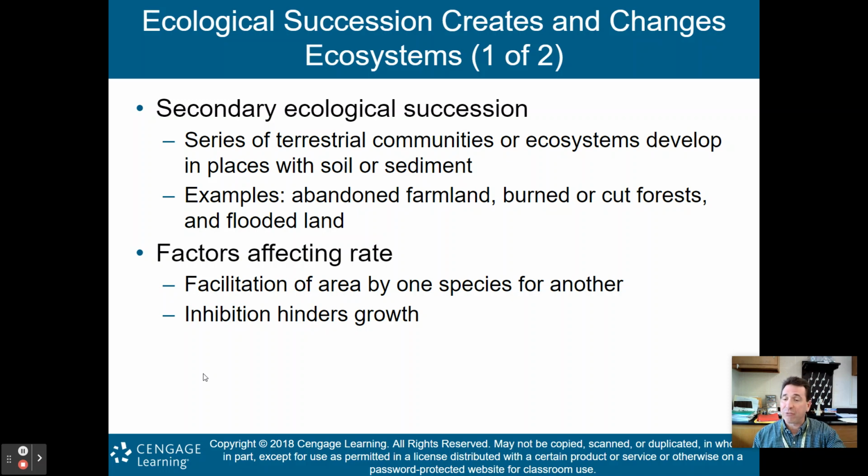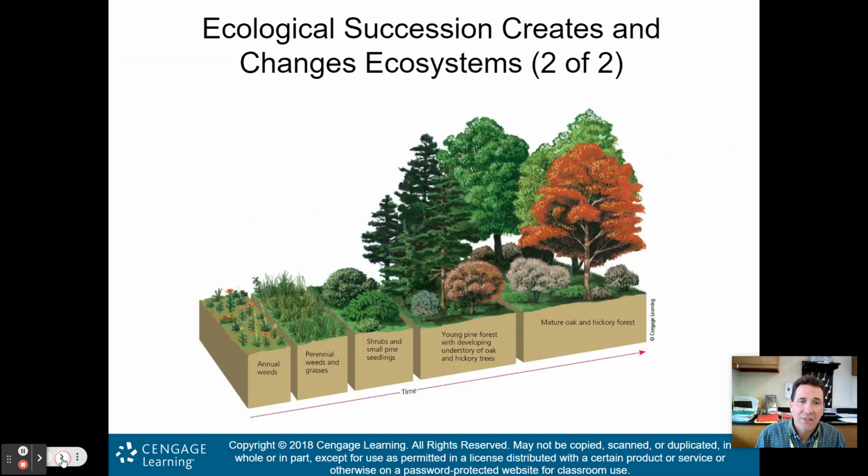Factors that affect how fast this succession happens include facilitation of an area by one species for another. This could actually hinder some growth as well. So these are some of the factors that affect that rate. Here is your example of secondary ecological succession. Again, the big difference: you don't see the bare rock here at the beginning.